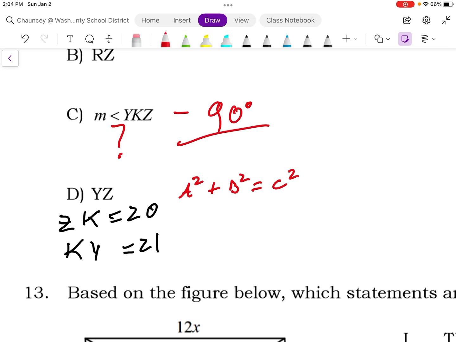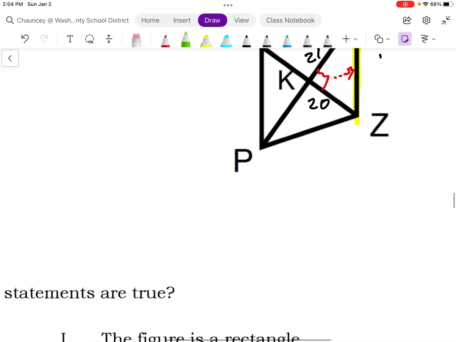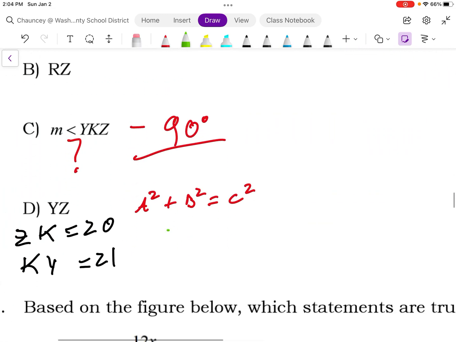And remember that c is always your hypotenuse. Okay? So it doesn't matter what a and b are. We could put 20 in as a or 20 in as b. Doesn't matter. Once we plug this in, this is going to give us the length of that side, YZ. So we say 20 squared plus 21 squared equals c squared.